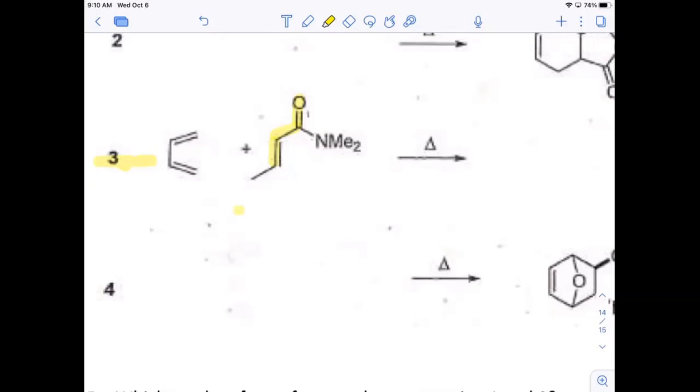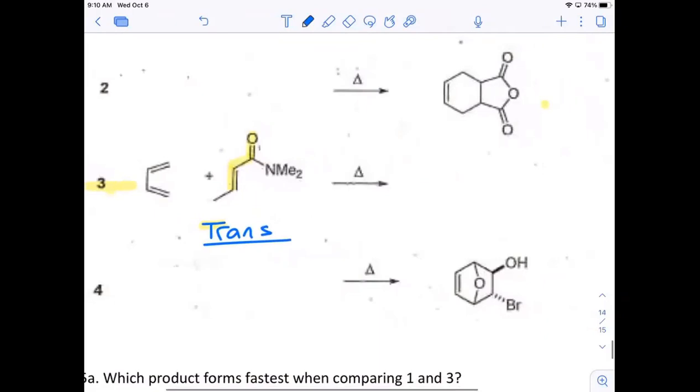Right, so I have an acceptor here, and then I have my diene, and then this is my dienophile, which is trans. So what that means is what for this reaction? What's the term that is going to help us to understand what the product should look like?